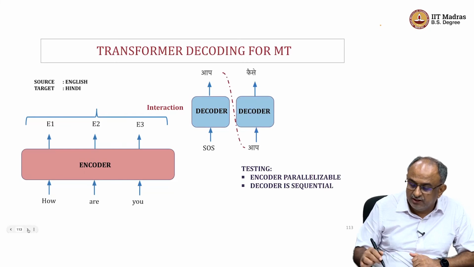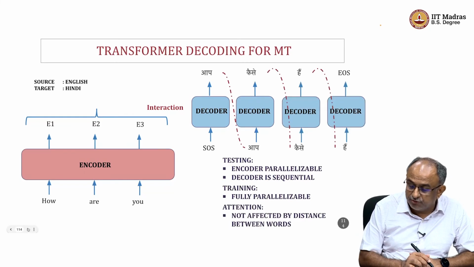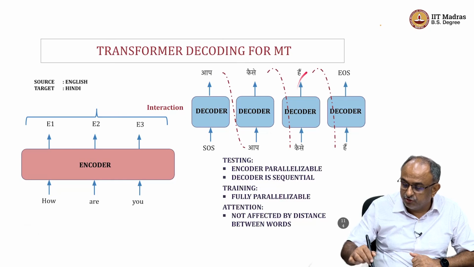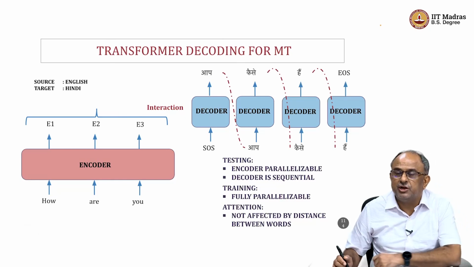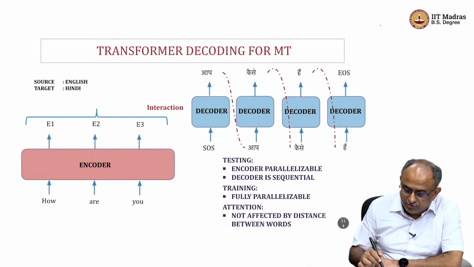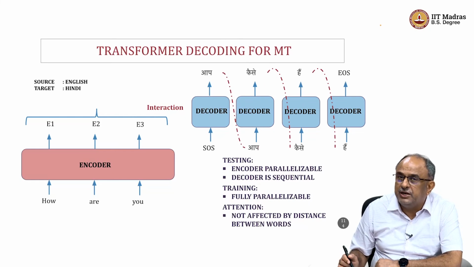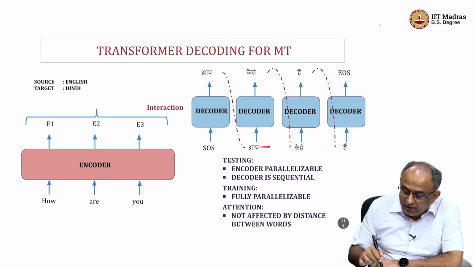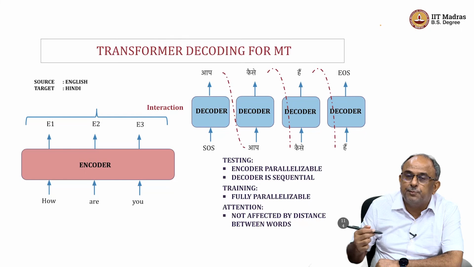So in inferencing, even in the decoder of the transformer, there is going to be a sequential nature, so it will be slightly slower. That is a given. To summarize, while testing the encoder is parallelizable and the decoder is sequential. While training, both the encoder and the decoder are parallelizable, because I have the complete information, both the input and output.